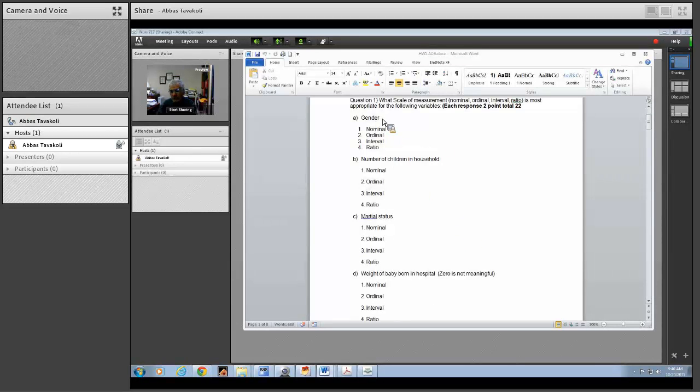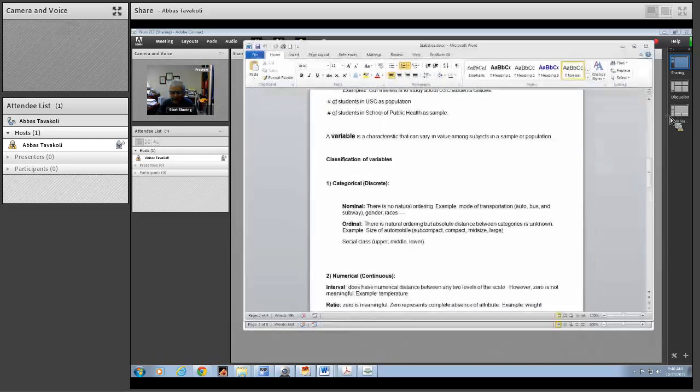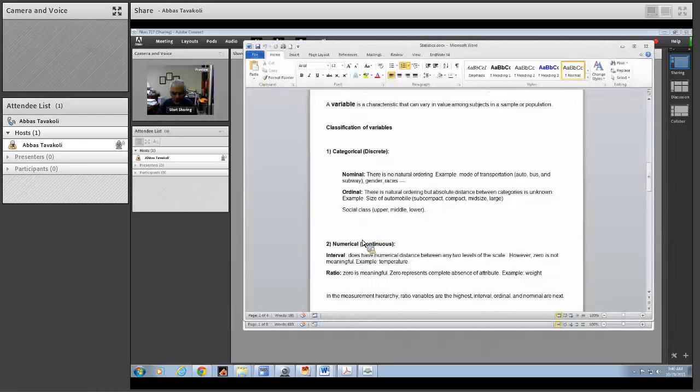Some of them are clear, some are not. In general, we classify two types of variable, categorical and continuous. Categorical means there is a gap between two values. For example, you have 1, 2, there is nothing between 1 and 2. And that can be nominal or ordinal.